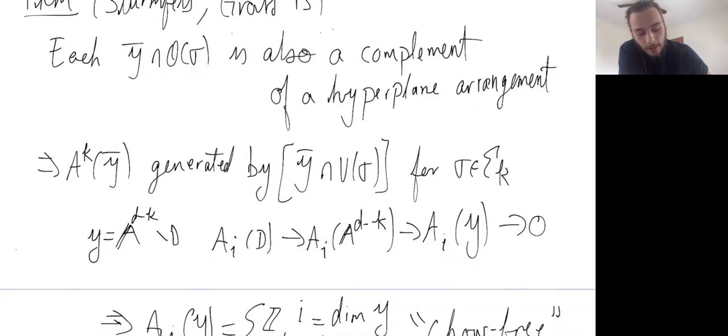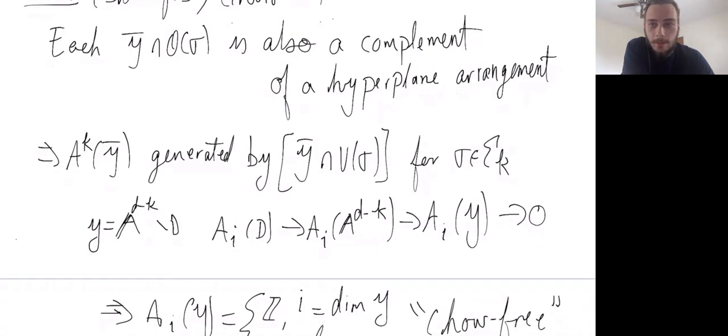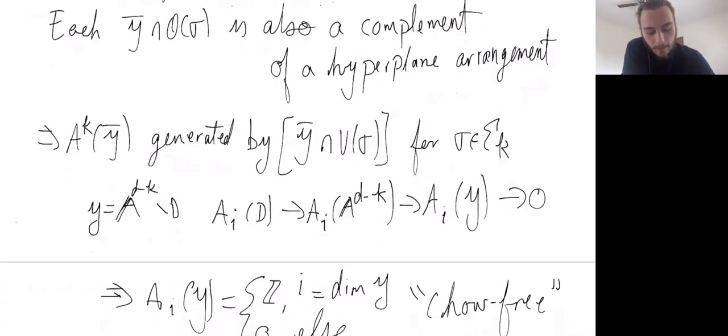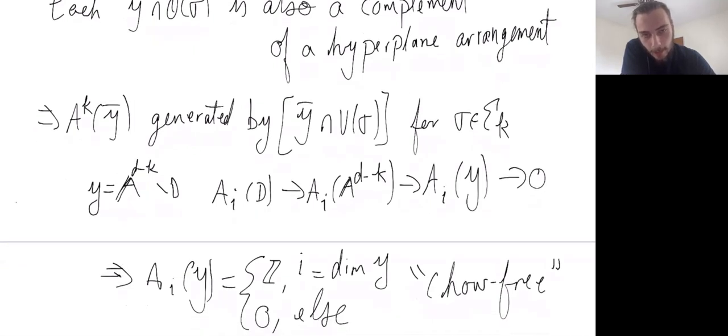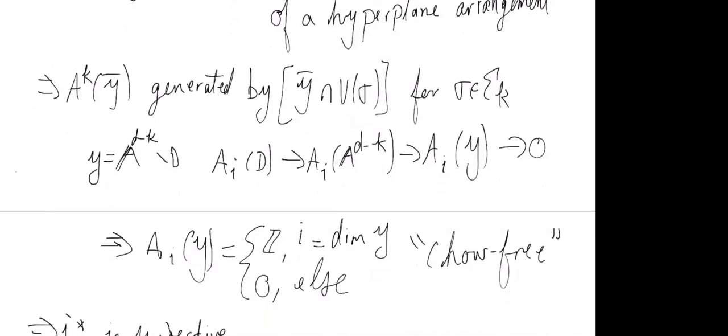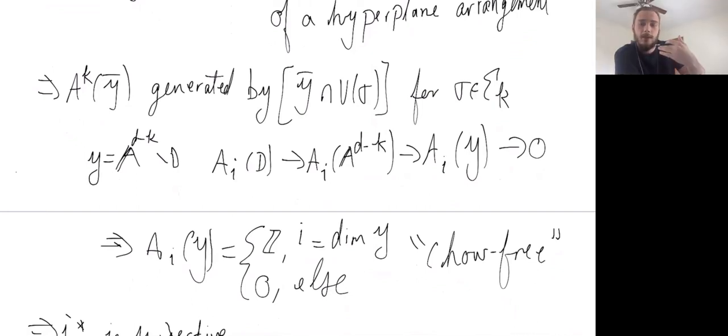And the idea is very simple. So if I have a complement of a hyperplane arrangement, then I've basically written it down here, but I get this exact sequence here, and then I can just compute from this exact sequence exactly what the Chow groups are, and I see that they're basically trivial, so they vanish except in degree equal to the dimension of y, in which case they're just going to be equal to z.